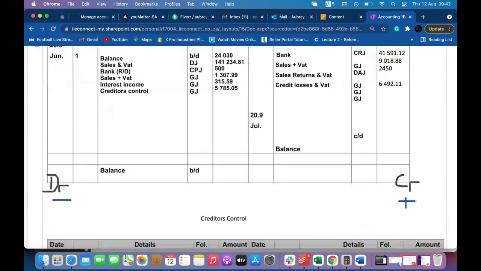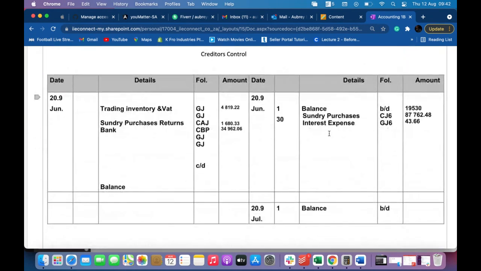Then obviously you need to go and record that in the creditors control as well. So here you're going to write debtors control. Same thing, GJ. That was for 5,785.05.